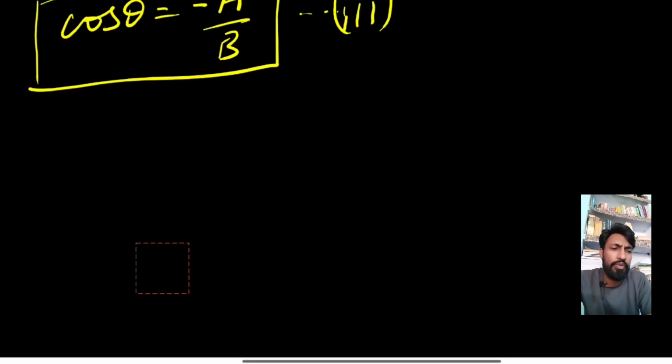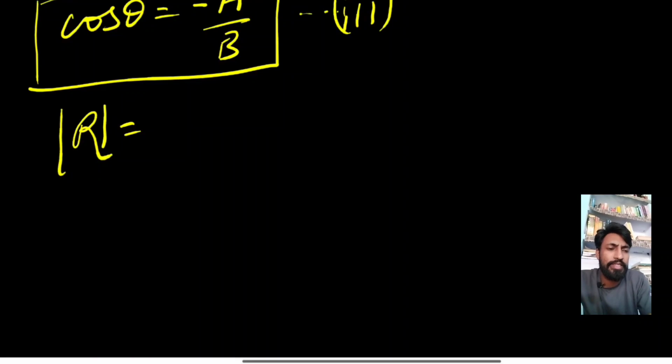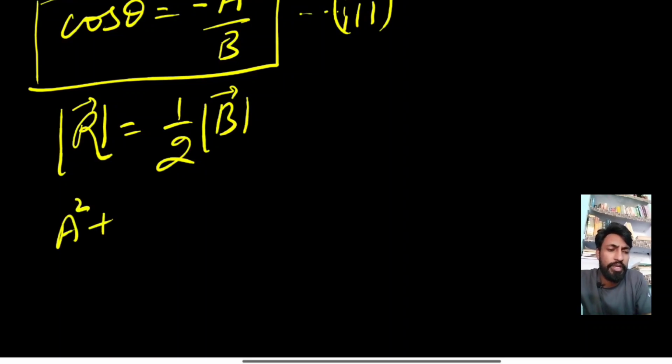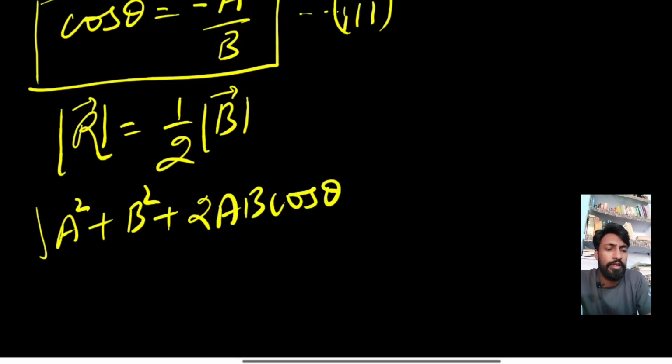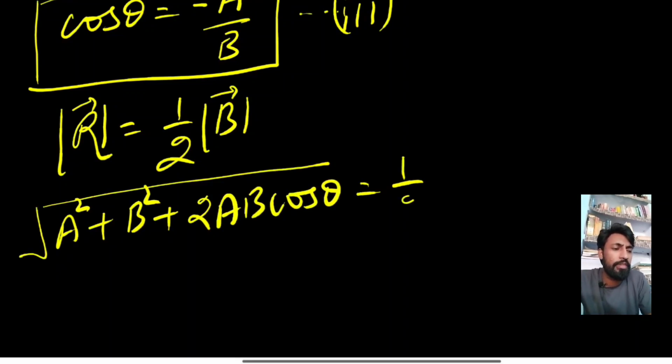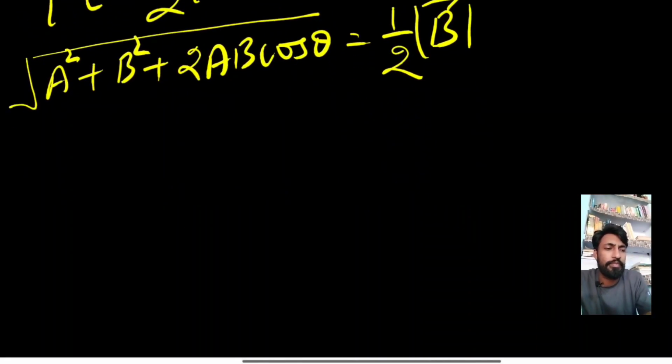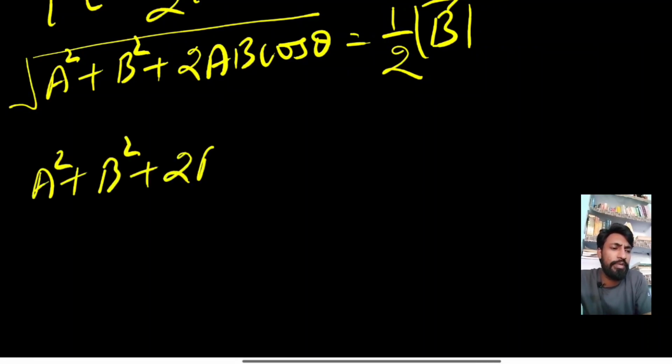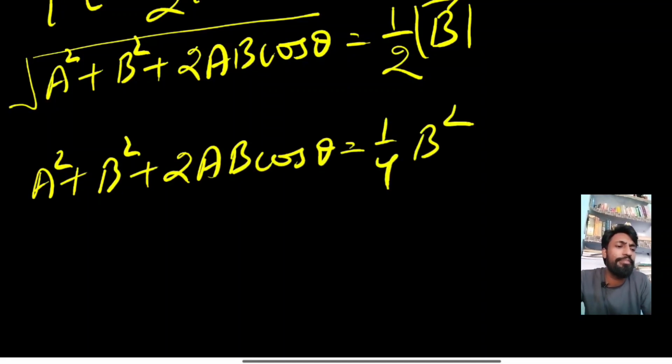Now from the second condition, it's given that the magnitude of the resultant is half of the magnitude of B. So putting the value of this resultant, we get the square root of A squared plus B squared plus 2AB cos theta, equal to 1 by 2, or half, of the magnitude of B. So squaring both sides, we'll get A squared plus B squared plus 2AB cos theta equals 1 by 4 times B squared.